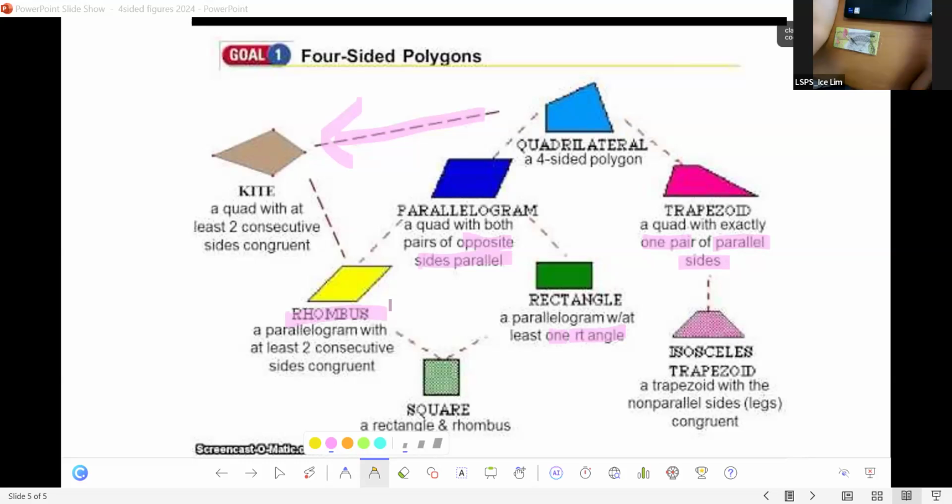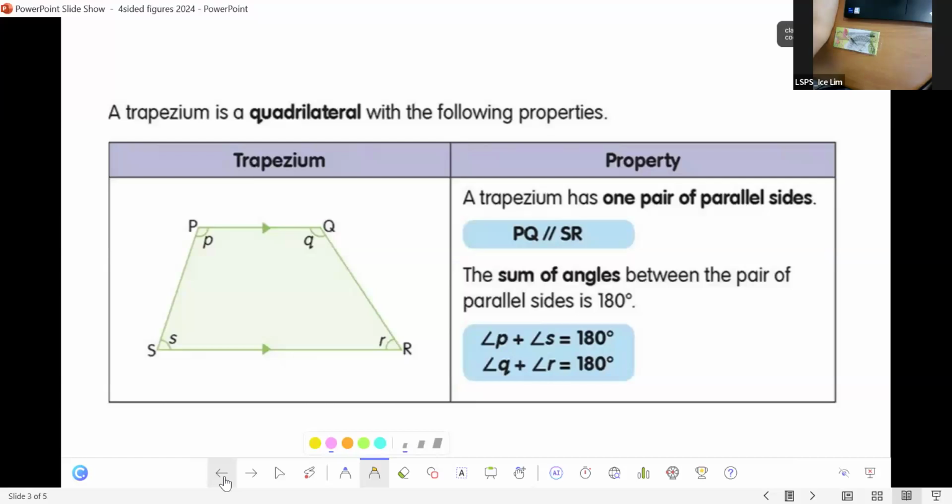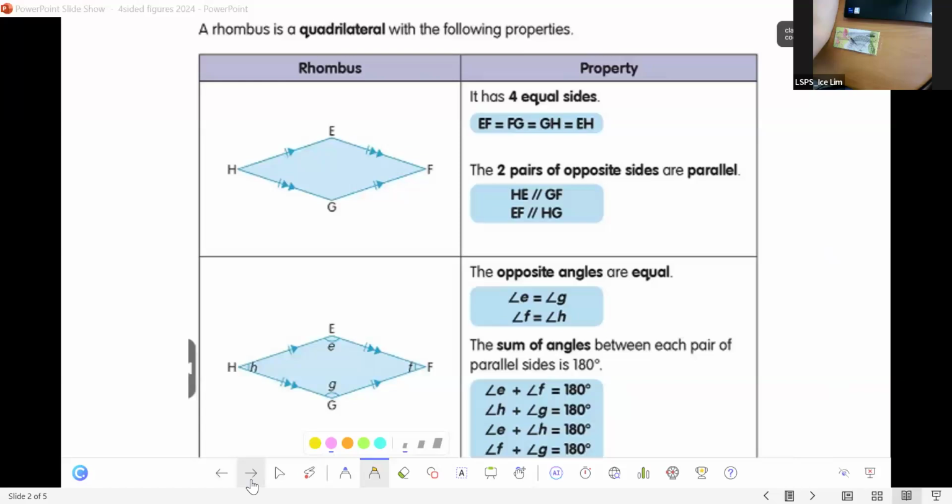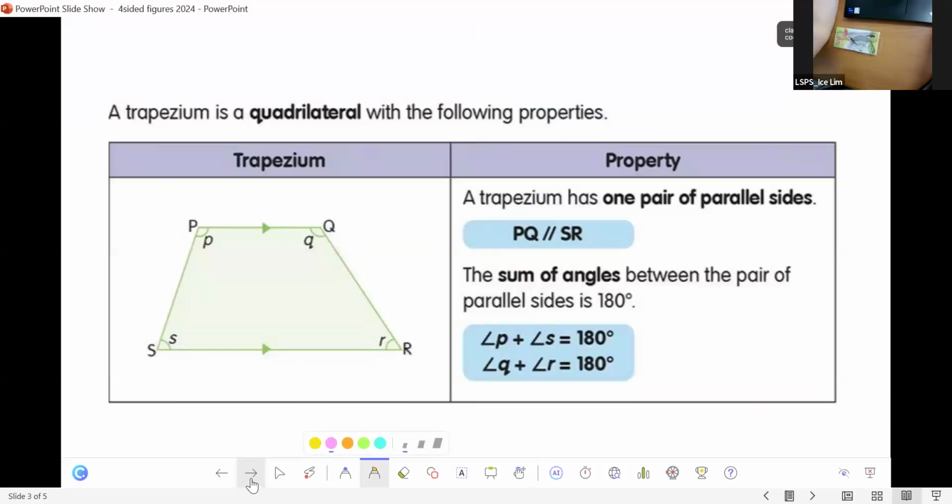If the parallelogram has all four sides equal and also a right angle, it becomes a square. So it's like a hierarchy of shapes. If you look at your textbook and what you have revised on the SLS, here are the few shapes that you need to be drawing later on.